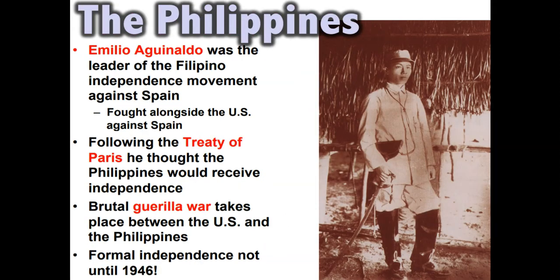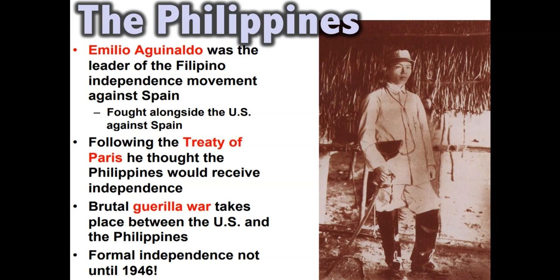The Philippines. Emilio Aguinaldo was the leader of the Filipino movement for independence against Spain. And when the United States came to liberate the Philippines, Emilio Aguinaldo fought alongside the U.S. because he thought that the U.S. was going to give him freedom right after the Spanish-American War. Now, following the Treaty of Paris, he thought that the Philippines would receive independence, but that was not the case.